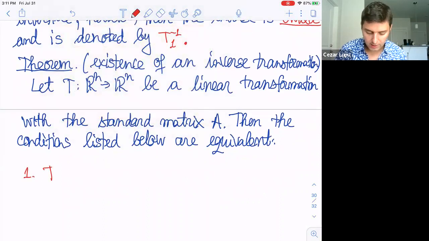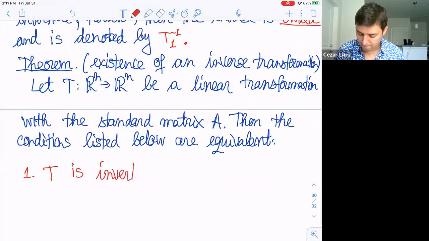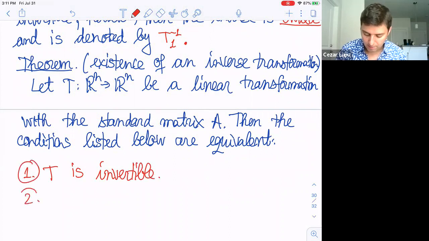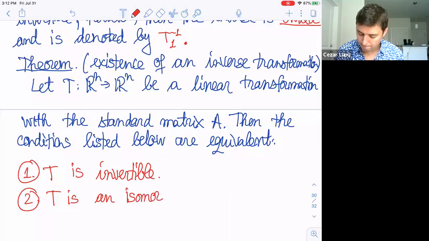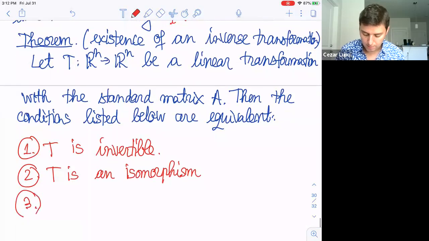The first one, T is invertible. The second one, T is an isomorphism. The third one, A is invertible.